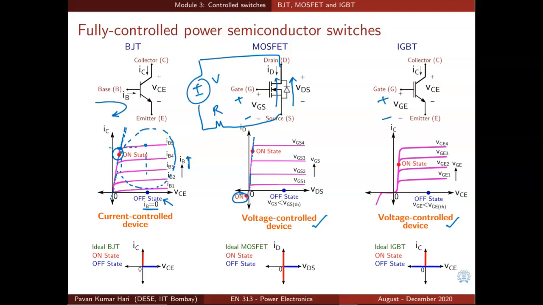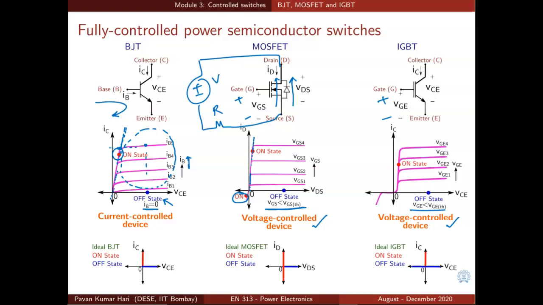And the device will be in off state if VGS, the gate to source voltage, is less than a certain threshold voltage known as VGS threshold. Okay. So MOSFET is a voltage controlled device, so is IGBT, and again IGBT will be in off state when VGE, the gate to emitter voltage, is less than the VGE threshold voltage.